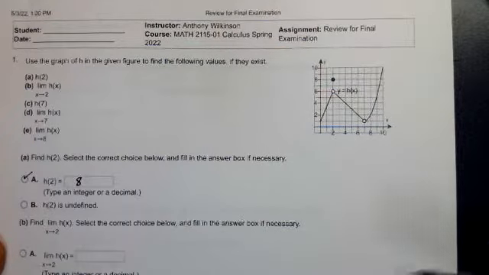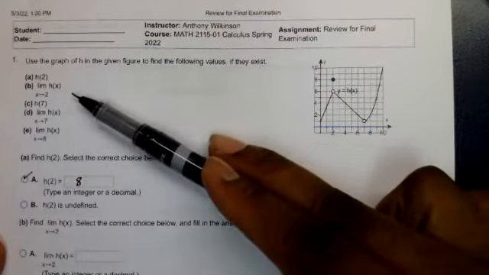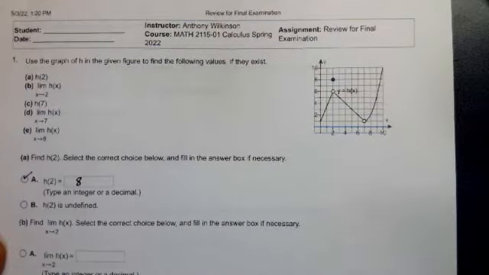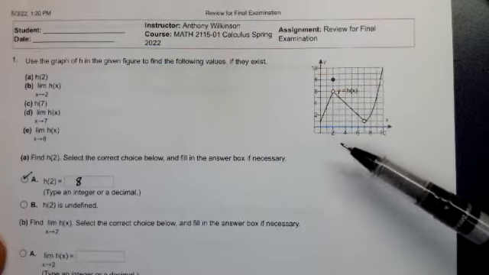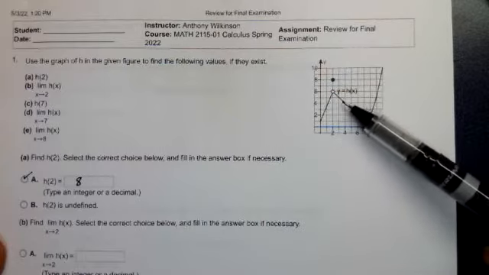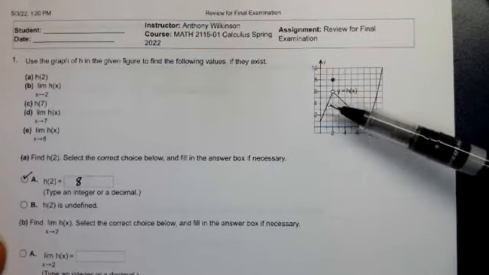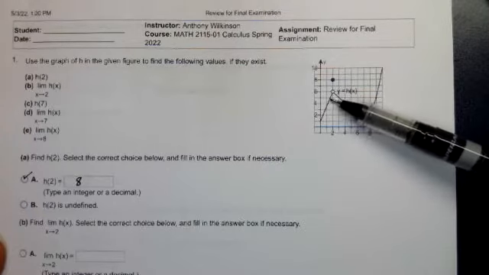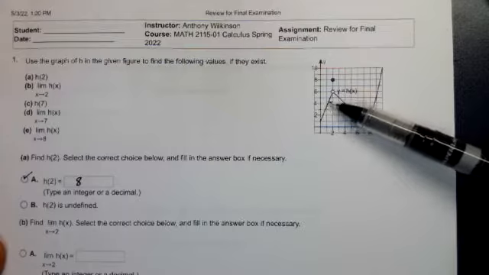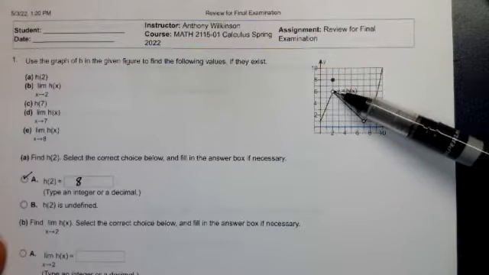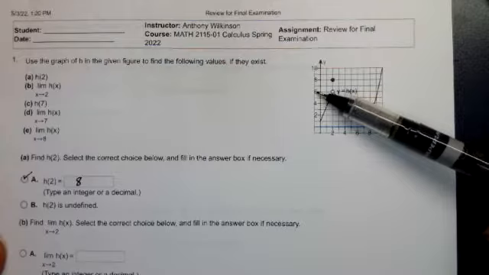Part B is finding the limit of h of x as x approaches 2. So we have to find out what value this function is approaching on the left side and on the right side of 2. So here's 2 right here. As we approach 2 from the left, it's approaching this number, 6.